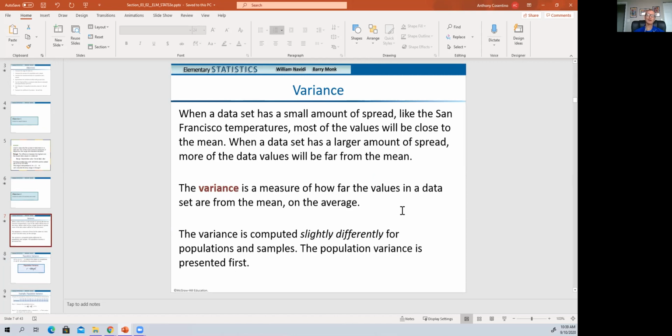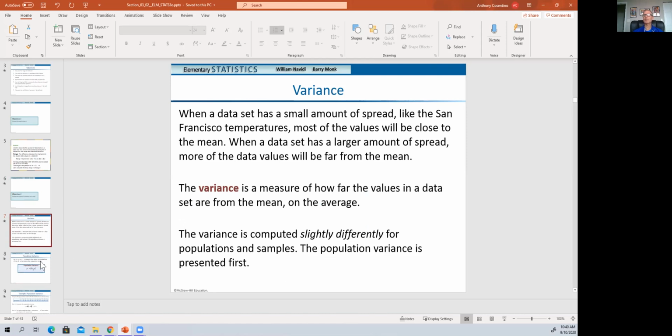And the variance is taking the mean, and then subtracting the data point from it. And you'll see that when we do these calculations, there is a slight difference between the variance in a population compared to a sample. And I'll show you that when we get there.